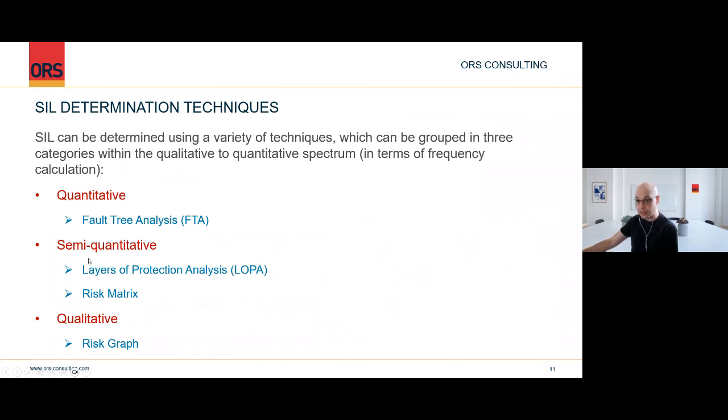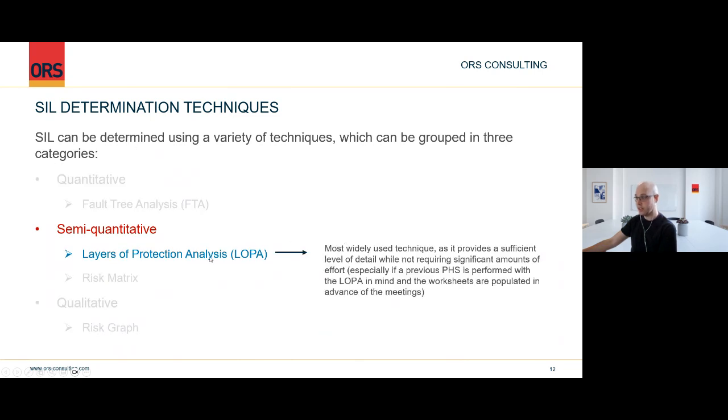But sometimes you cannot find the required SIL using LOPA or a risk graph, and that would be even more difficult for a complicated scenario. As I said, you can mostly use LOPA for every preventative safety instrumented function out there, 99% of them.